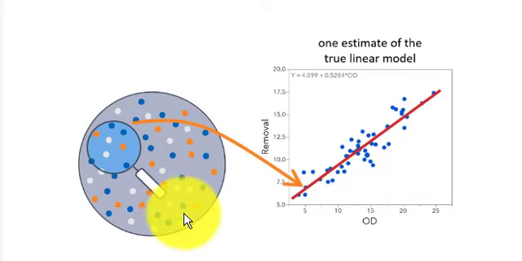Now, if you recall, you come up with this fitting model, but that fitting model is just one estimate of the true linear model that can fit the population. The way we used to run the statistics, you have your population that might contain a lot of observations, but you're not capable of creating a model for the whole population.